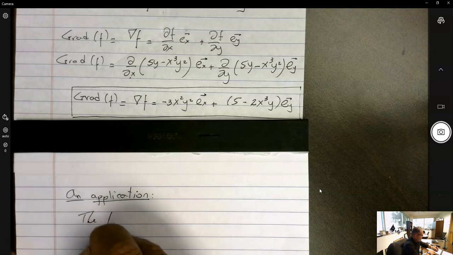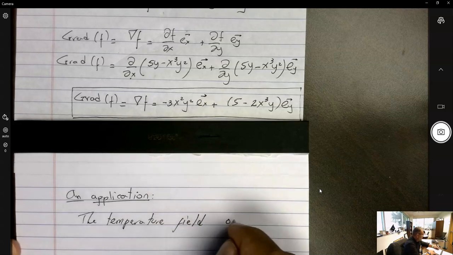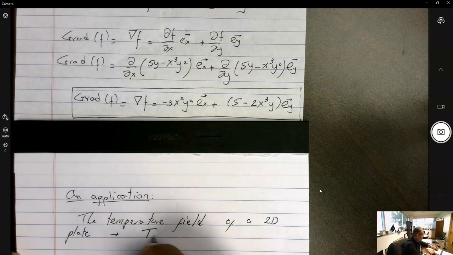So the temperature field of a 2D plate or surface, like I said, the surface of this table, is given by this potential field or scalar function T of x and y.